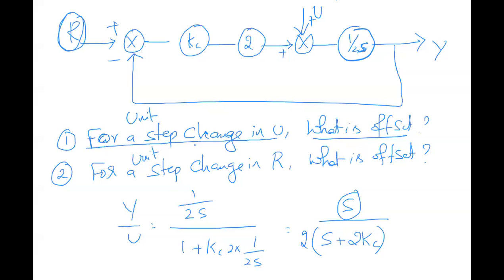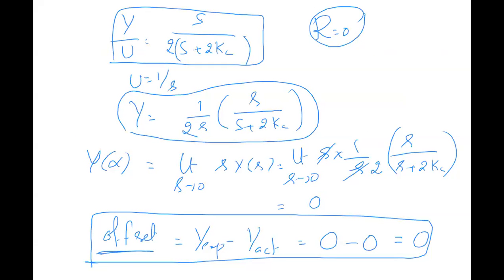U equal to 1 by S is given, no? See, is this transfer function right or wrong? So there will be no S in the numerator, no? Yeah, this is wrong. This will be 1. Is it right? 1 by 2S plus 2 Kc. Okay, this will be 1.